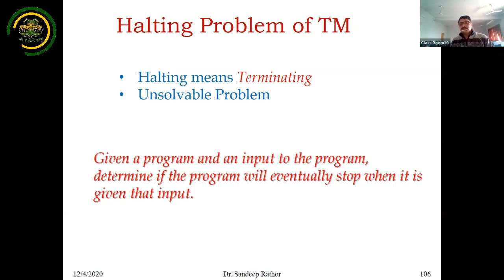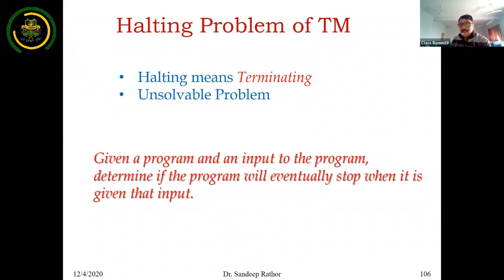Now the important point is whether the halting problem is decidable or solvable, or undecidable or unsolvable. The point is that the halting problem is undecidable. You may be surprised to hear that the halting problem of Turing machine is unsolvable or undecidable.